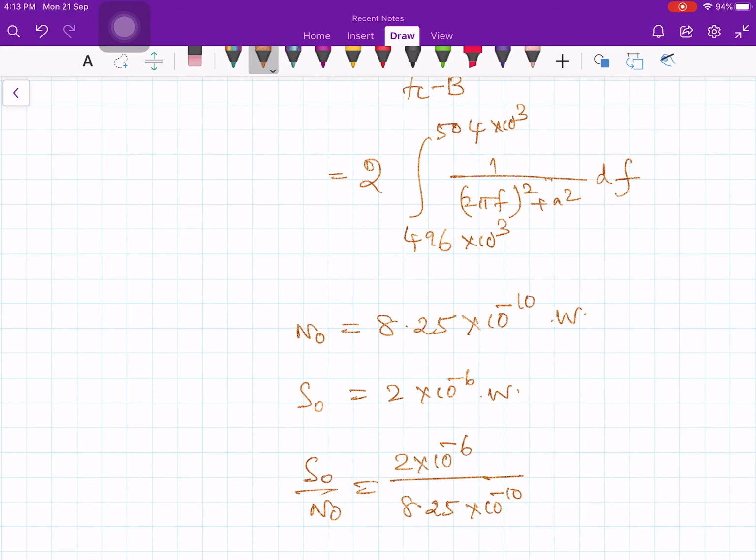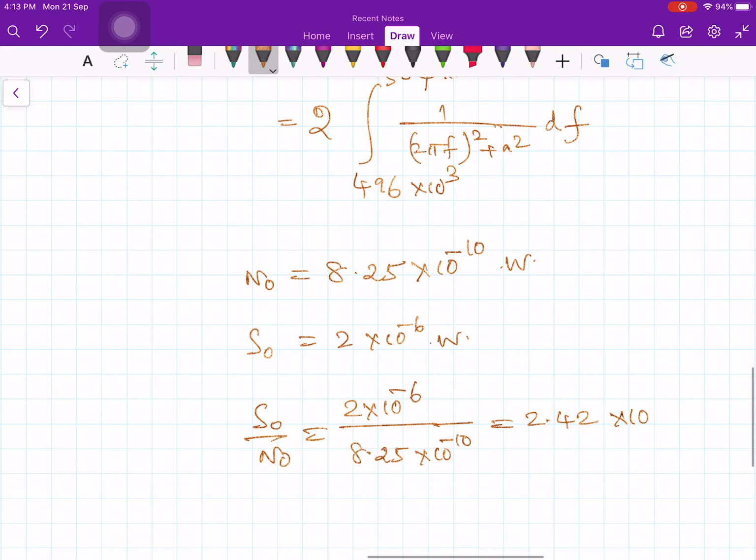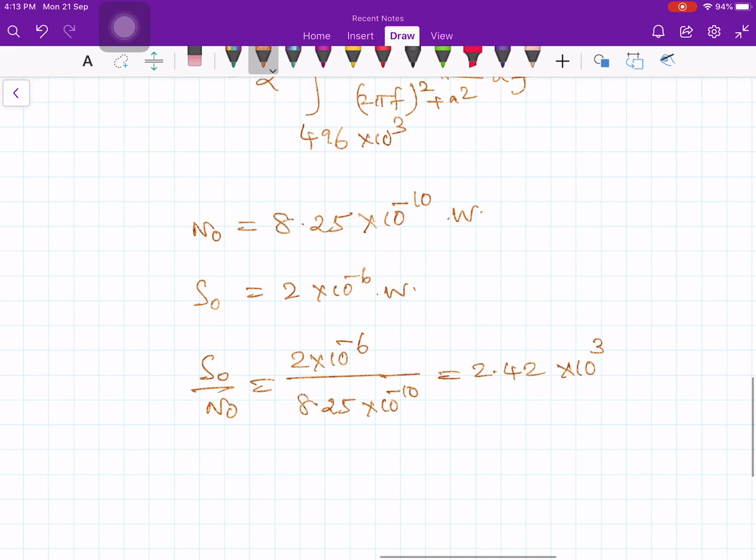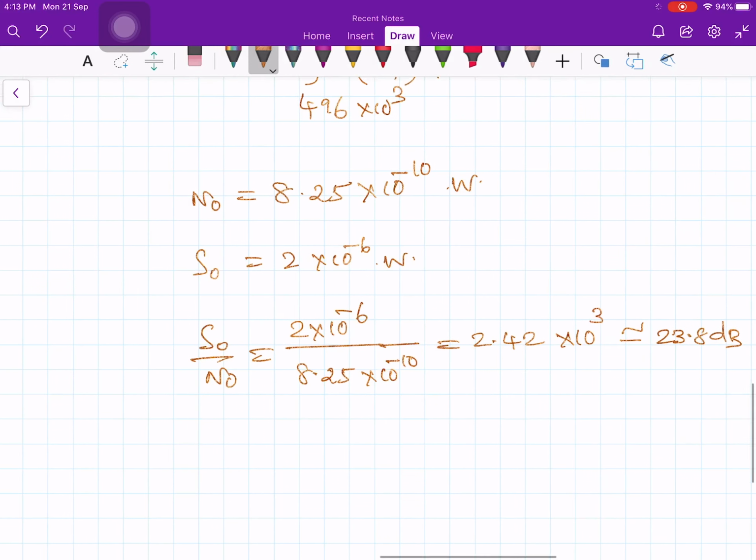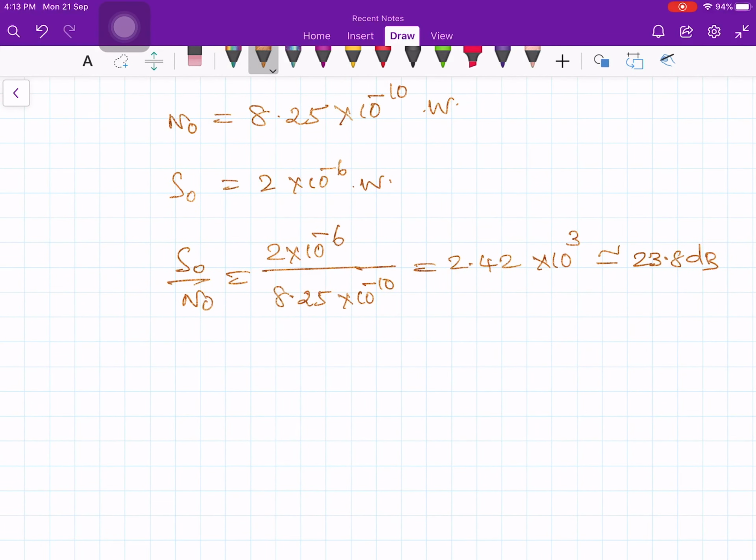So this is going to be 2.42 times 10 to the power of 3, which is approximately equal to 23.8 dB. So that is the signal to noise ratio in dB.